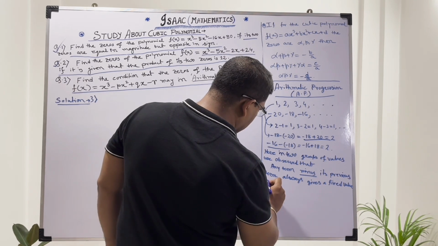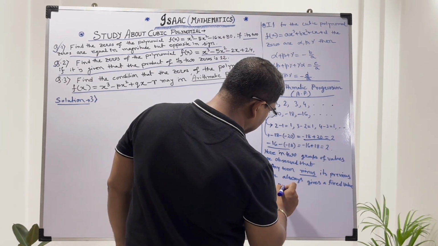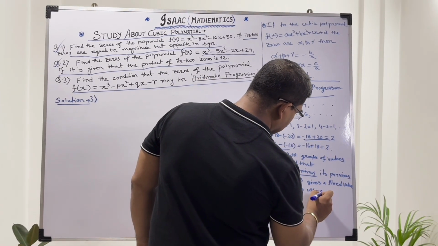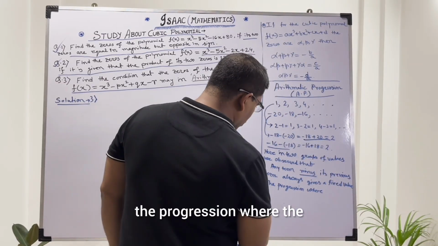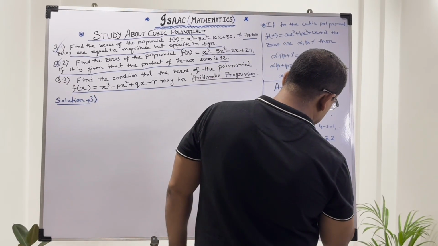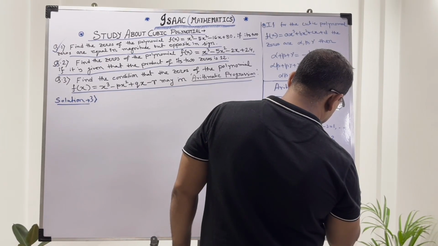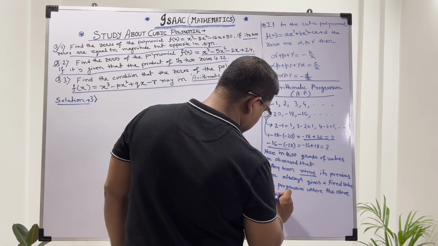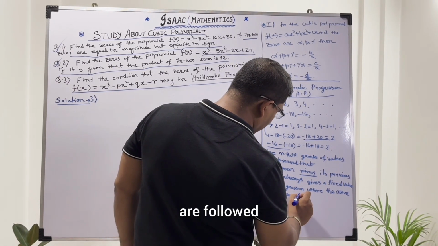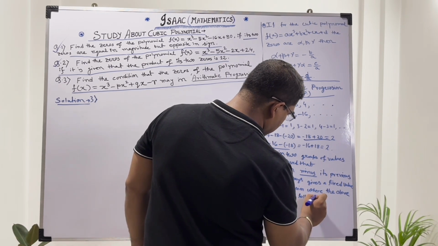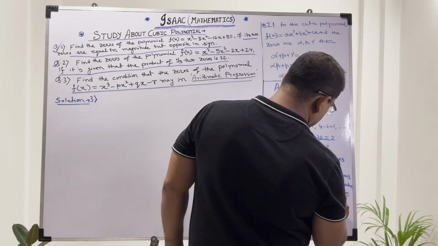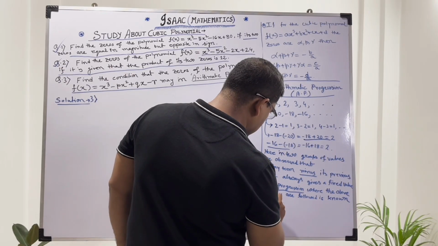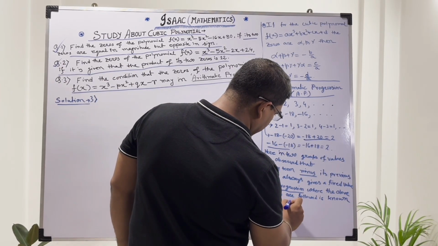So the progression where the above process is followed is known as an AP.